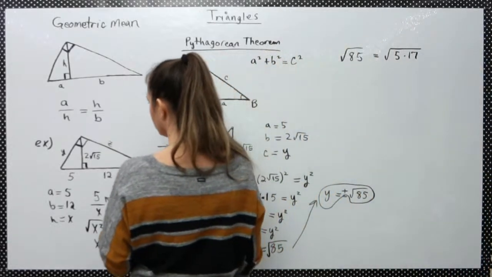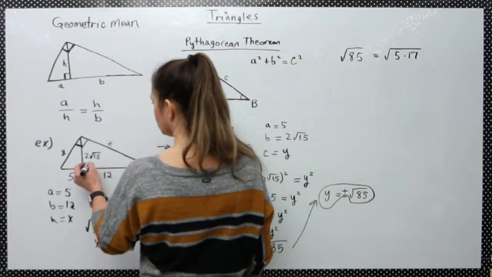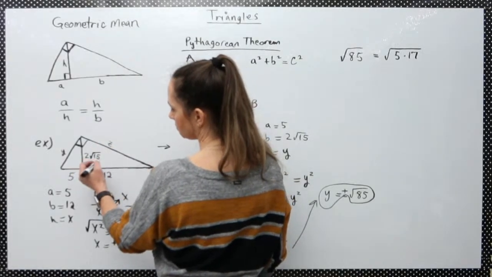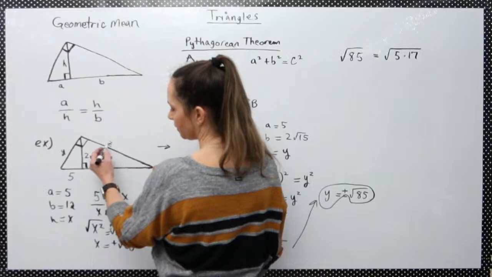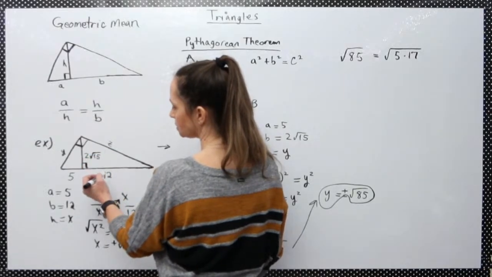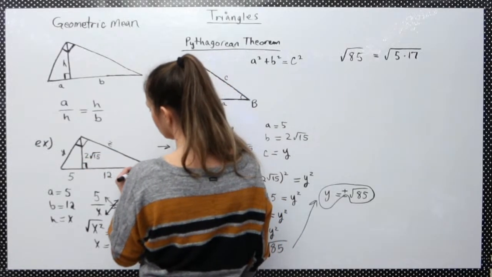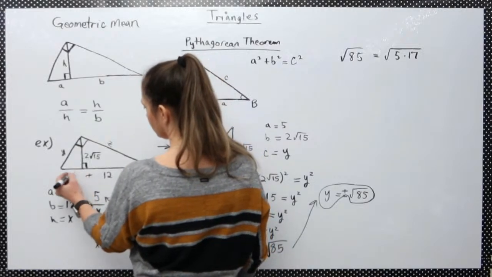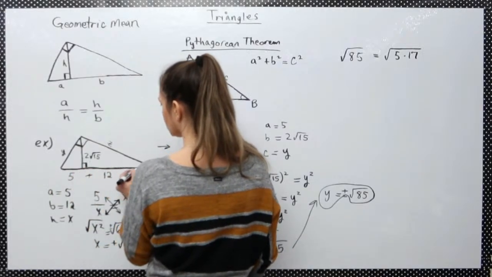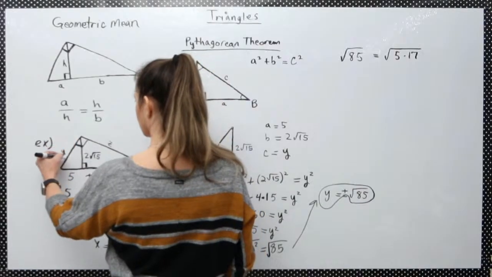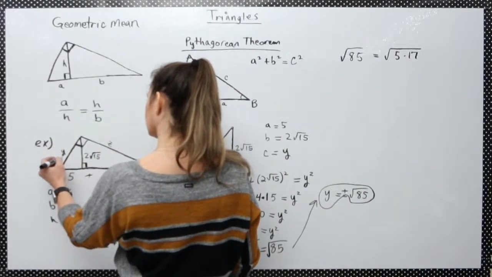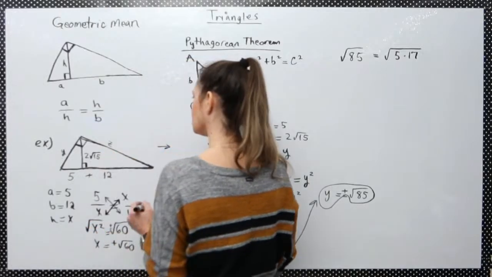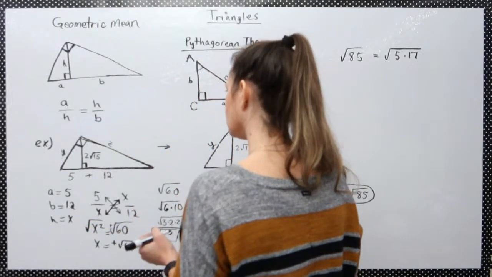Well, there's a couple of things that you could do. You could just use this other triangle because it's a right triangle and find z that way, or you could also use the bigger triangle and add 5 plus 12 here for this entire side length. And since I already know y, that's the hypotenuse of this other triangle, so I kind of want to do that.